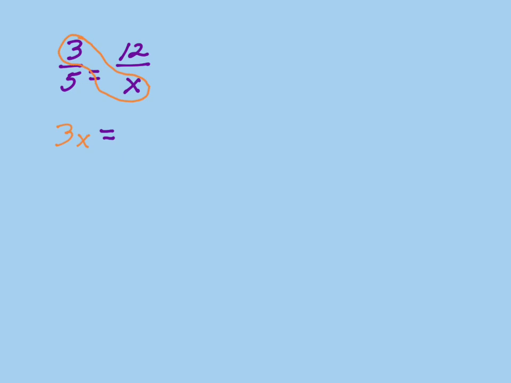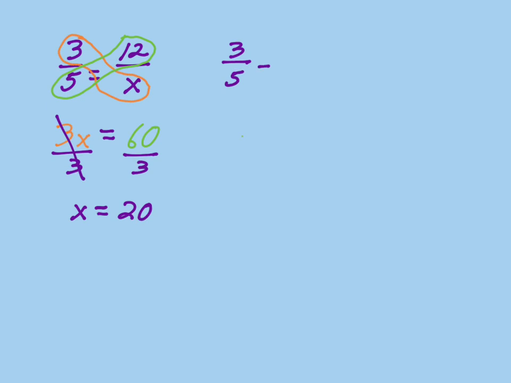And then I'm going to multiply the 12 and the 5 and put those on the right side, which is 60. Now to solve this, I'm going to divide both sides by 3. And 3 goes into 60 20 times, and I'm done. This is a way I can solve a proportion using cross products or cross multiplying.